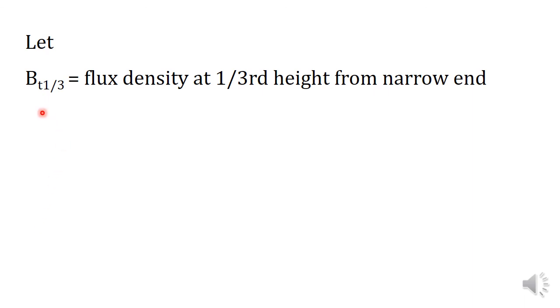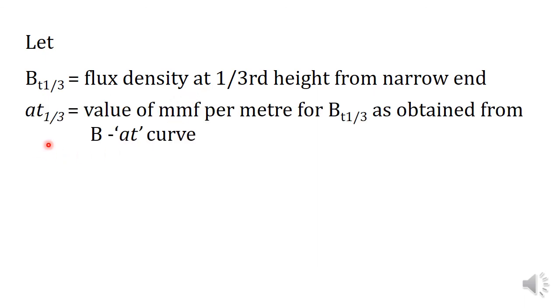Let BT 1/3 be the flux density at 1/3 height from the narrow end. Then AT 1/3, that is the magnetizing force at 1/3 height, is equal to the value of MMF per meter for BT 1/3 as obtained from the BAT curve. BAT curve means the BH curve of the material used for the tooth.